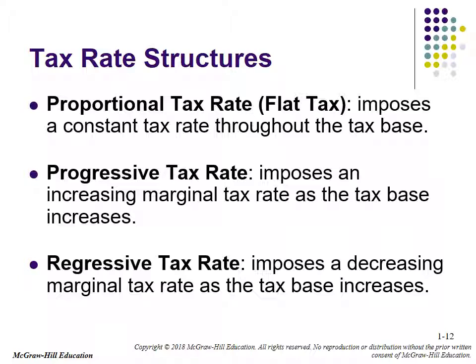An excellent example of this is Social Security. When your wages go beyond a certain level in a year, you stop paying Social Security tax. So if you took all of your income from a job and divided it by the Social Security tax you pay, it will decrease as you go above that maximum level of income.